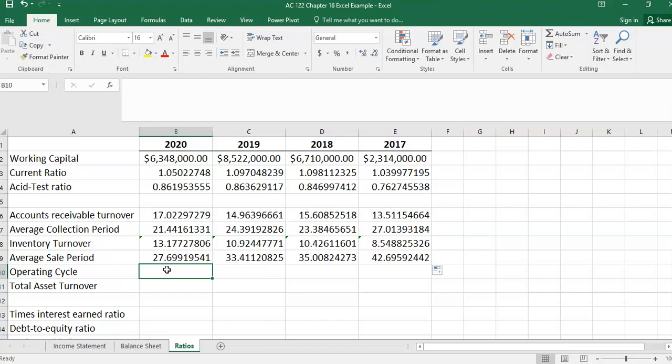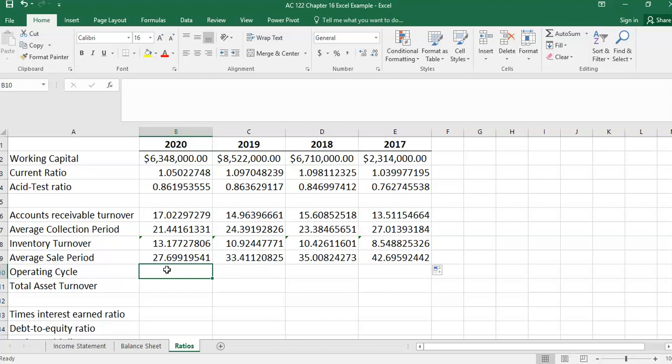Now remember, this is an average across all inventory. And if our company has a very diverse array of inventory that we're selling, some inventory could be selling every day, while other inventory takes 50 to 100 days. So this is an average across all inventory.